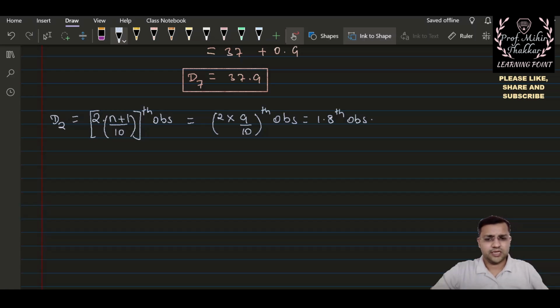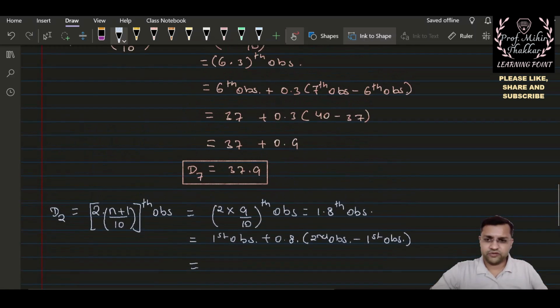Now how do I get the answer for the 1.8th observation? Split it. First observation plus 0.8 multiplied by. Now 1.8 lies between which two numbers? The first observation and the second observation. So guys, you got it right. It is the second observation minus the first observation.